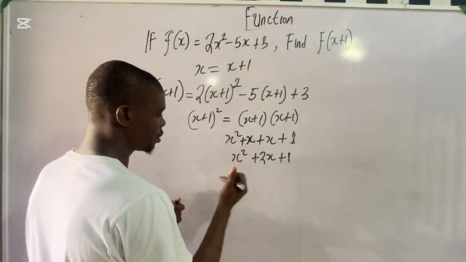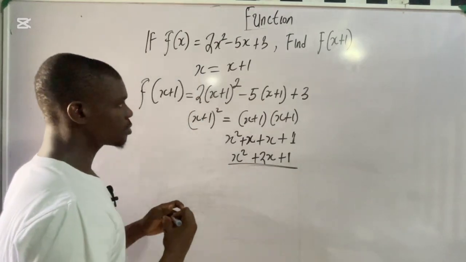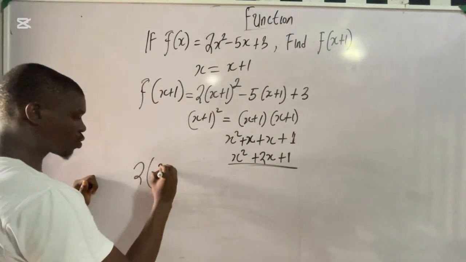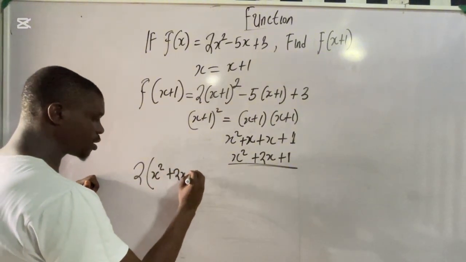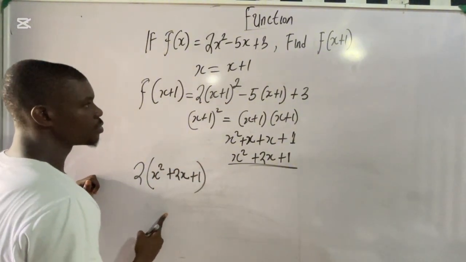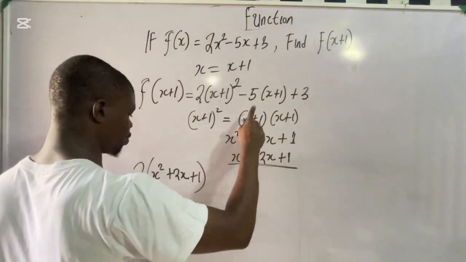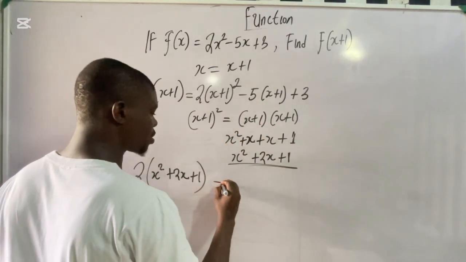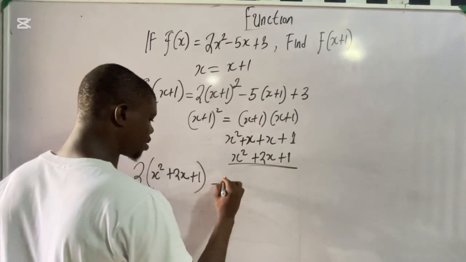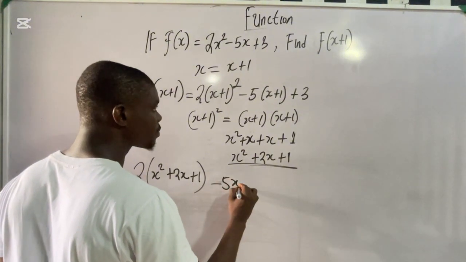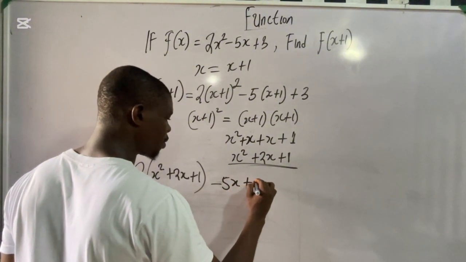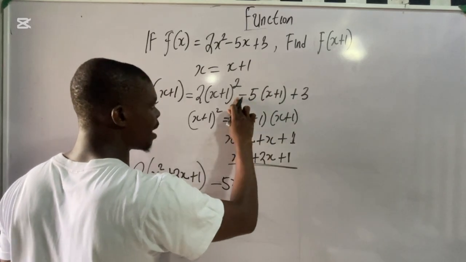So it's going to be 2(x² + 2x + 1). Once you open this bracket, it's going to be minus 5(x + 1) plus 3.